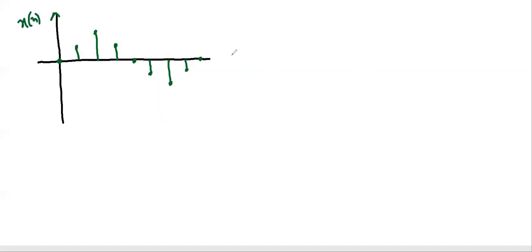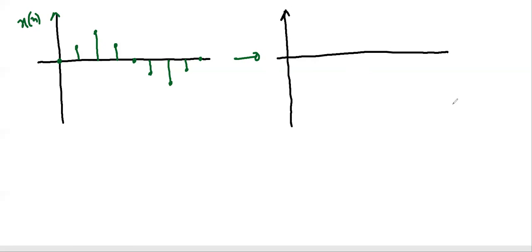Now from x[n], we may do the downsampling first and find y[n], where y[n] equals x[2n], and we already know how it should look. It will take the 0th sample, miss one sample, then take the higher value, and miss another data point.